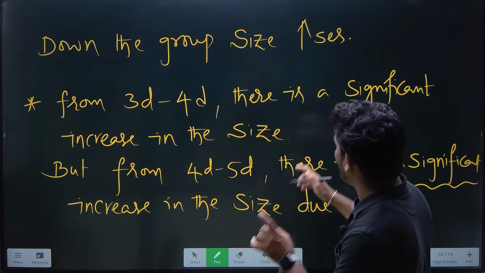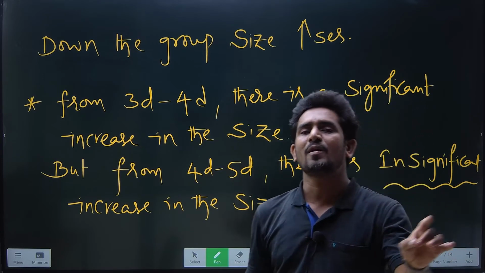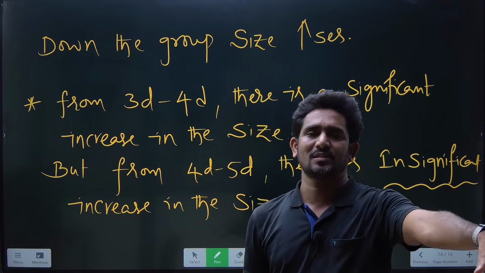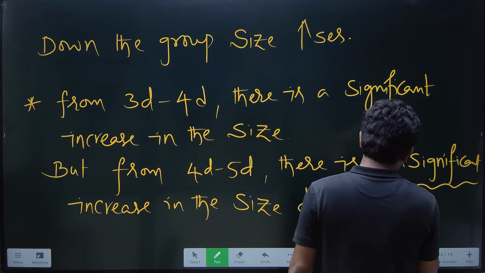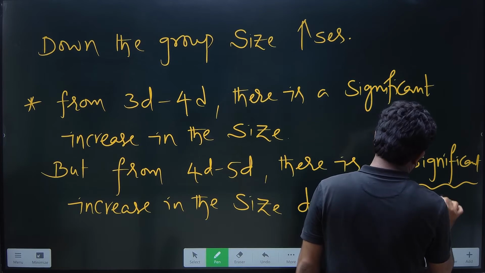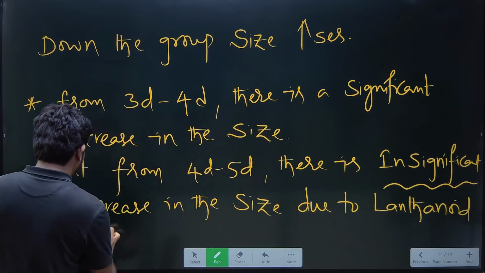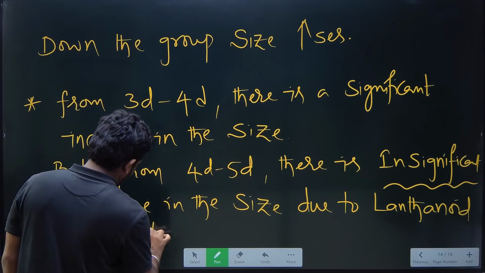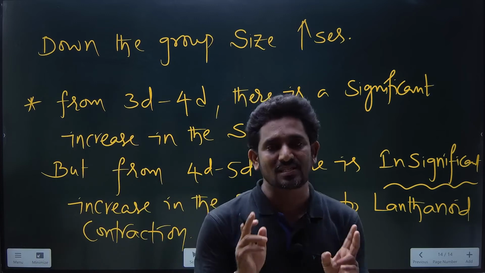So 4D as well as 5D elements will have approximately the same size due to lanthanoid contraction. Due to lanthanoid contraction, there is not much increase in the size.